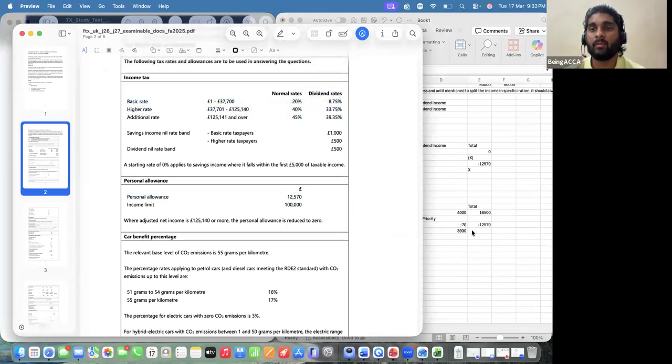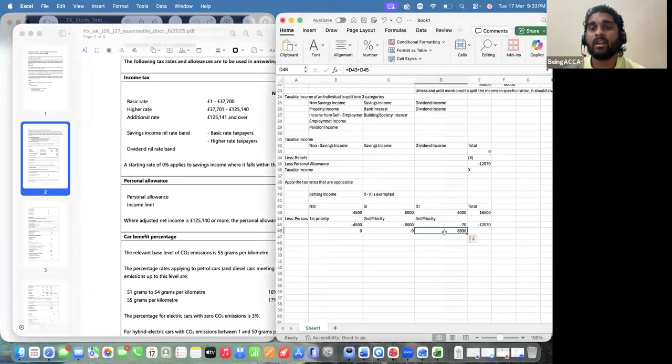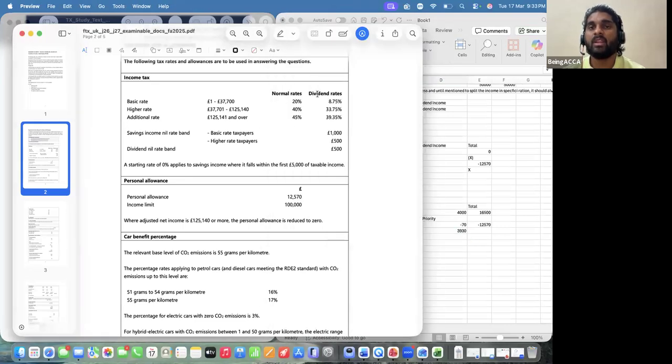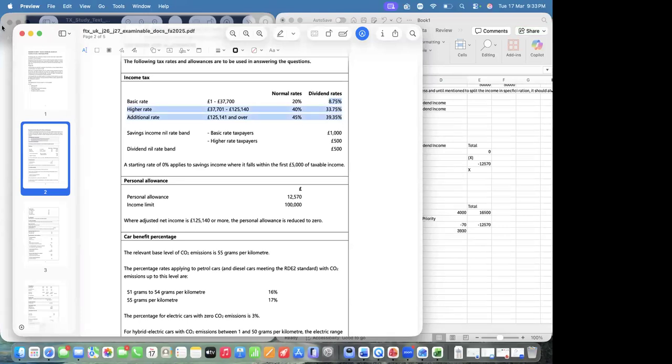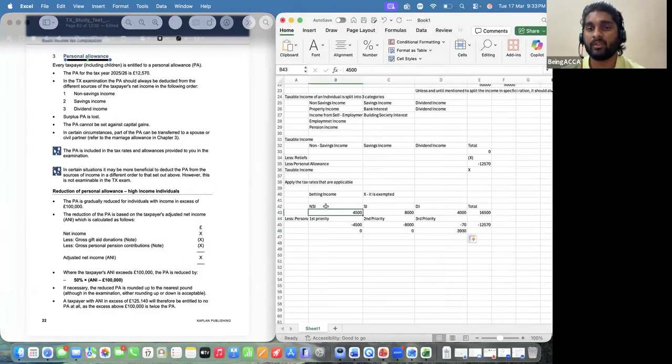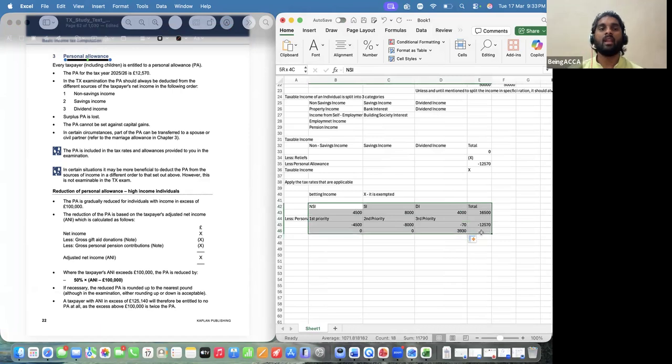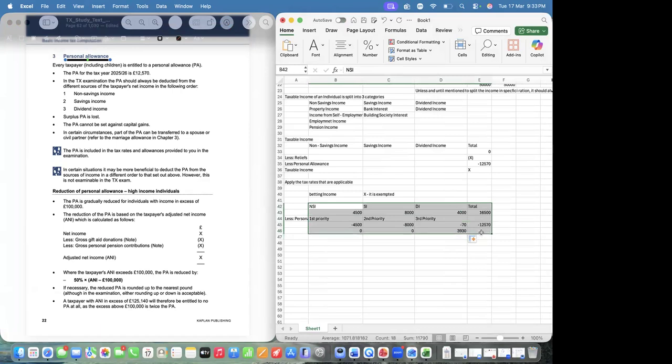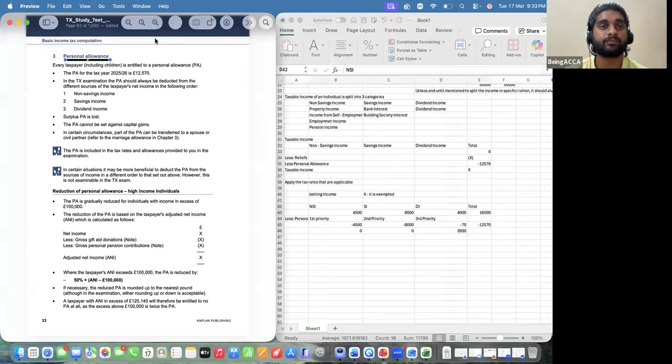So because dividend income is available, you will be applying the dividend income tax rates on it. Is that clear? Yes, sir. That is why it is important that you always present your incomes in this format. Any doubt so far? No, sir. It should always, as it has been mentioned here as well, be that the first priority is given to non-savings income, then to savings income, and then to dividend income.